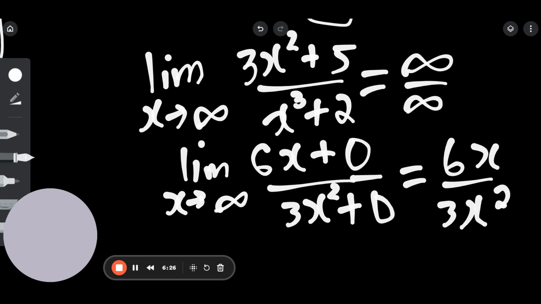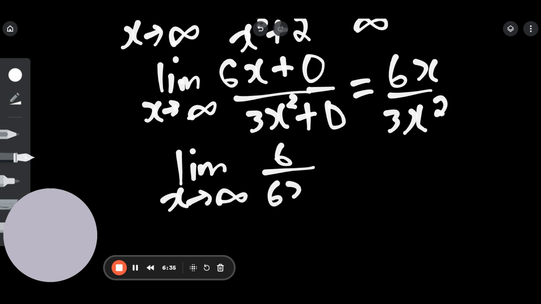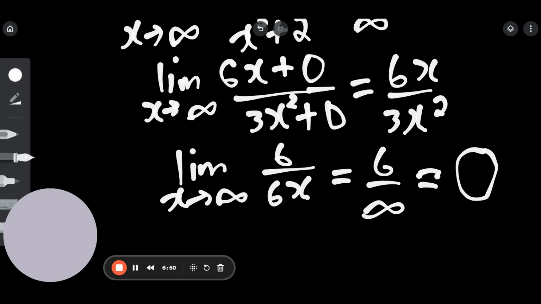When you plug in, you still get infinity over infinity, so you have to do this once more. So the limit as x approaches infinity of 6 over 6x. And now when you plug in, you get 6 over infinity. And what is 6 over infinity equal to? Any constant over infinity is always 0, since infinity is infinitely times bigger.